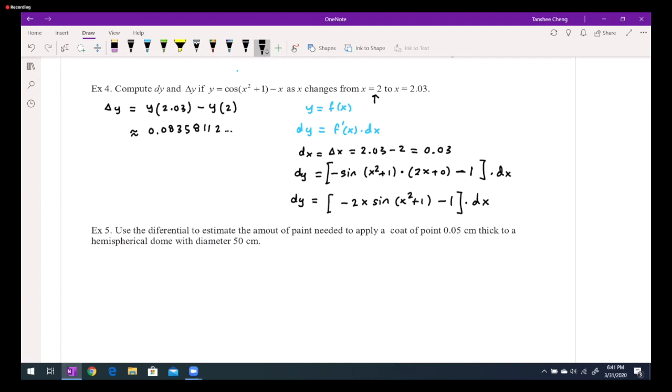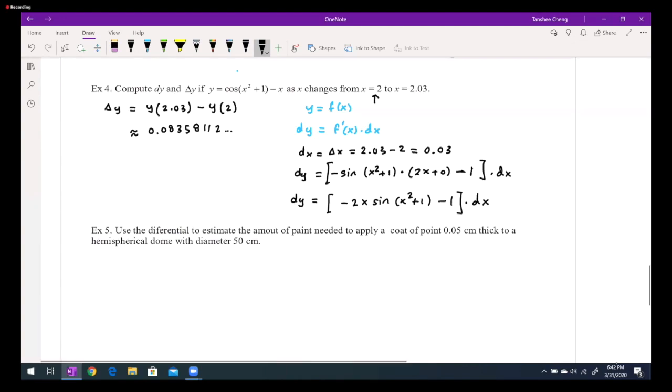And what are we evaluating? We are evaluating the differential at 2, with the delta x, dx, becoming 0.03. So that's why, as I mentioned in the beginning, this differential of y is dependent on x, where your initial point is, and your delta x.